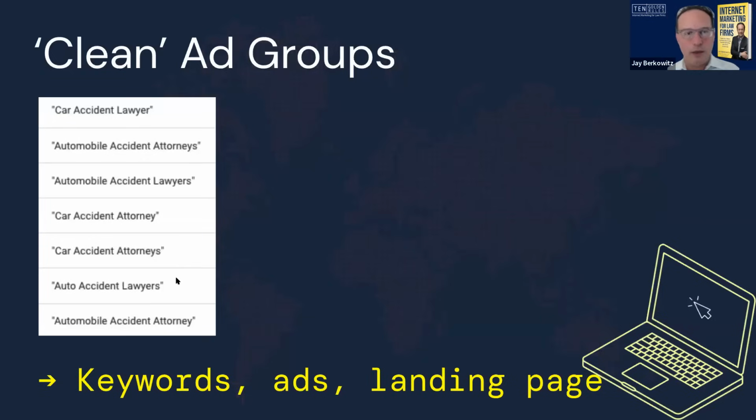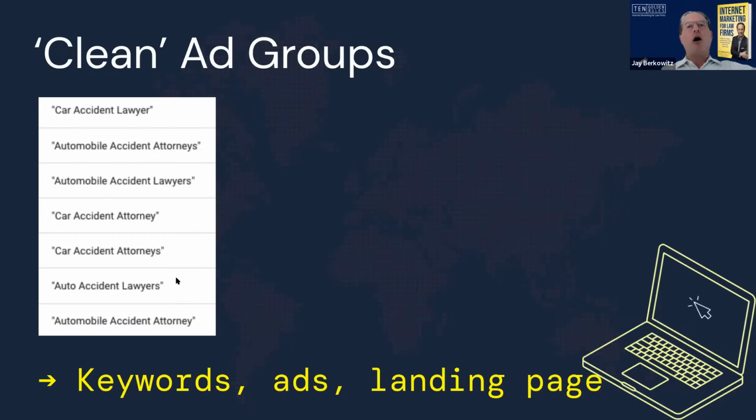So the next thing with setting up your ad campaign, I call it keeping it clean. So you want clean ad groups. The way I like to explain that is, let's say you do personal injury, you do car accident, you do slip and fall, you do nursing home, and you do medical malpractice, and you do mass tort.